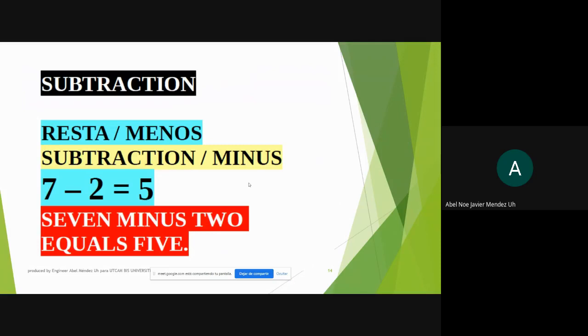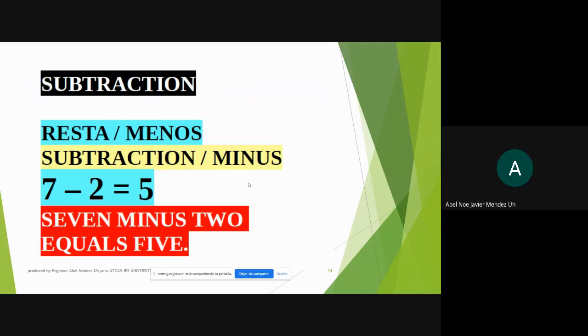Subtraction is the operation and minus is the symbol of the subtraction, okay? And you can repeat the sentence in red color, the correct form to read an operation of subtraction in this case.